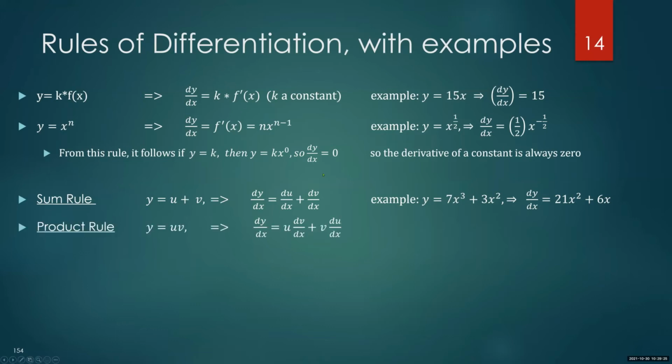There's a product rule, which is if y is the product of two functions, u times v, dy dx is equal to u dv dx plus v du dx. We'll do an example of that one fairly shortly. There's a quotient rule where if y is equal to u divided by v, dy dx is equal to 1 over v squared times v du dx minus u dv dx.